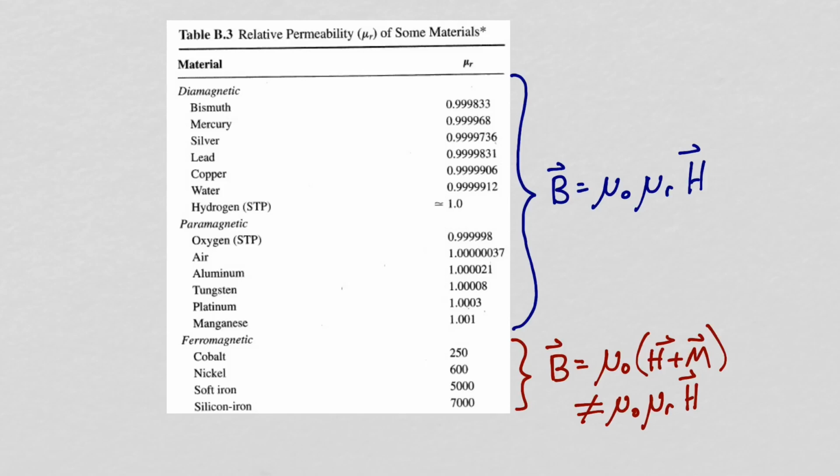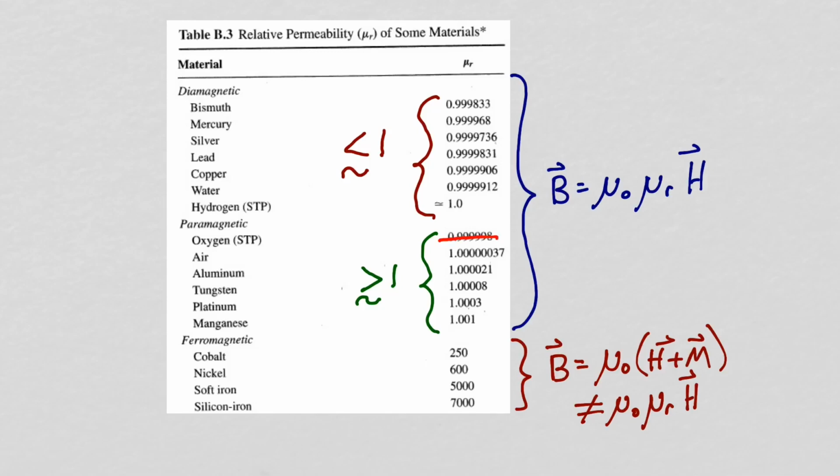The other thing to notice is that the relative permeabilities for diamagnetic materials are less than 1 but very close to 1, while the relative permeabilities for paramagnetic materials are greater than 1 but very close to 1. The entry in this table in your textbook for oxygen is not correct. The relative permeability is actually slightly greater than 1.